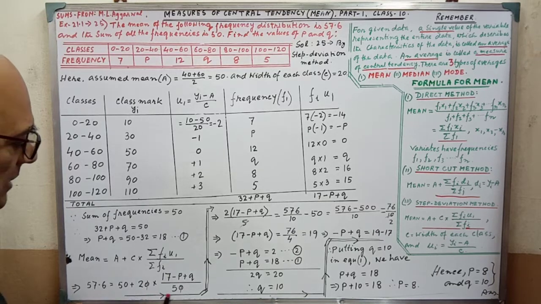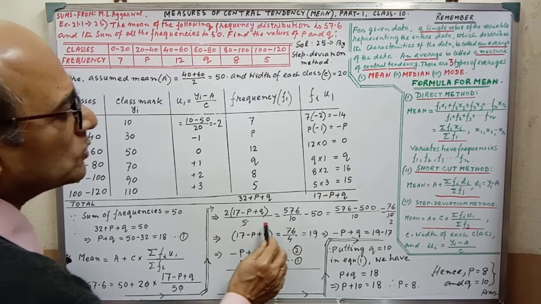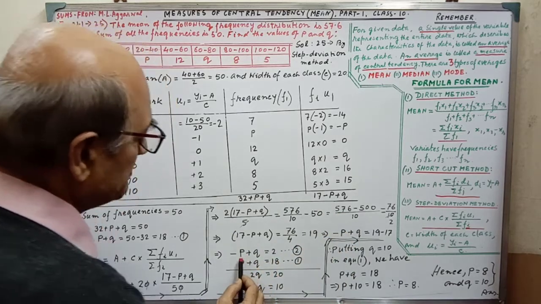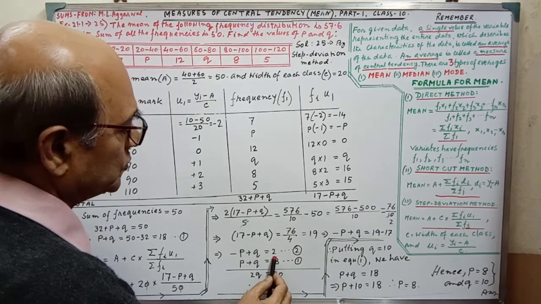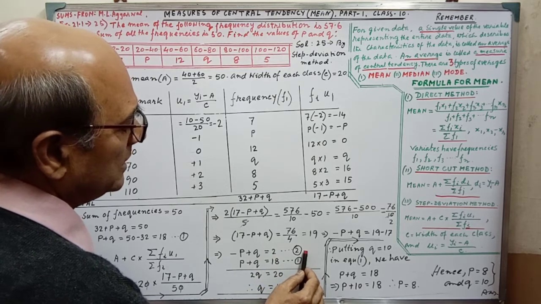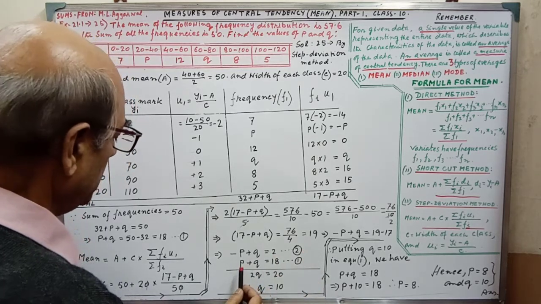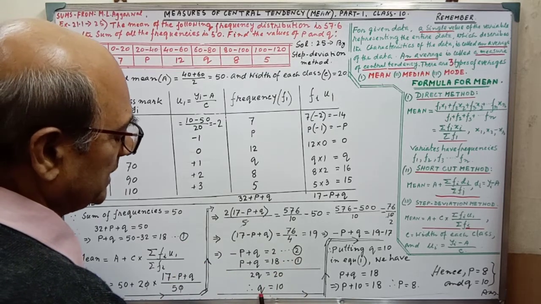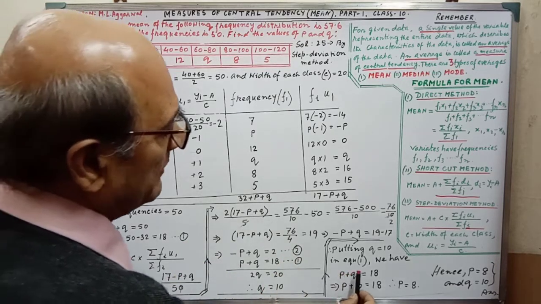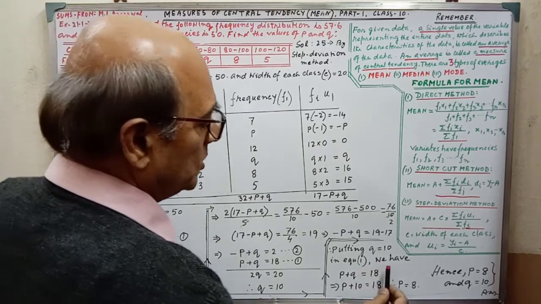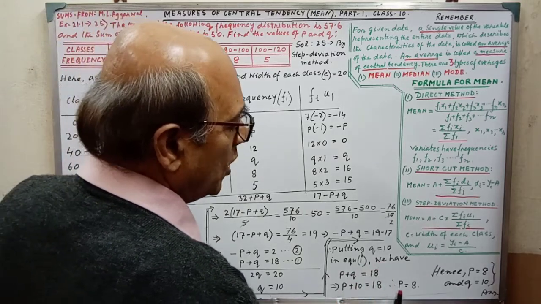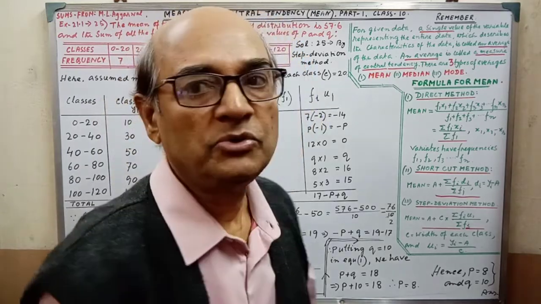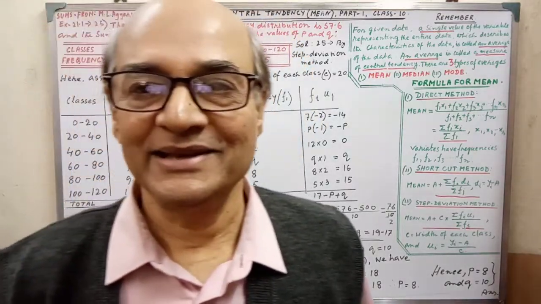After putting the relevant values and by calculation, we are getting another equation, that is minus P plus Q equal to 2, denoted by 2. Then by solving 1 and 2, we are getting Q equal to 10, and putting the value of Q in equation 1, we are getting value of P equal to 8. Hence P equal to 8 and Q equal to 10. Sum is completed.